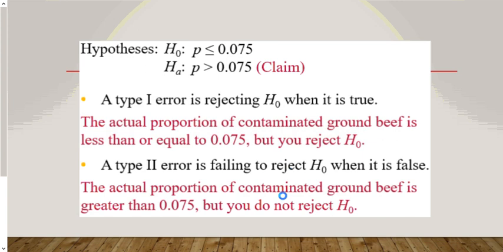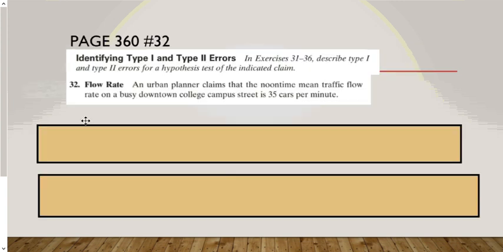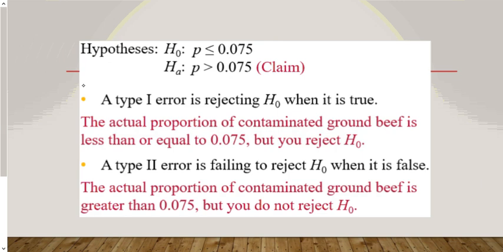Okay. So let's think about which of these is worse. What are the outcomes here? When you run your test, if you make a type 1 error, your data caused you to make a type 1 error, but again, you wouldn't know that you messed up. You're just making a claim. Then the actual proportion of beef that's contaminated is less than this, but you reject it.